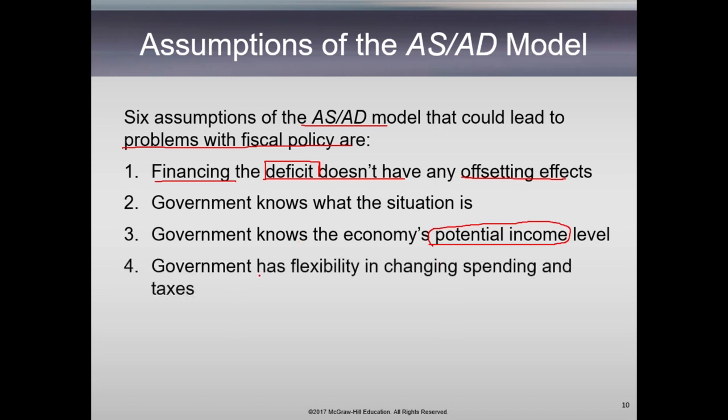Finally, the fourth thing here is that the government has the flexibility to change spending and taxes. We know that a vast majority of government expenditures are mandatory. They're not discretionary, so that limits their flexibility to change spending.